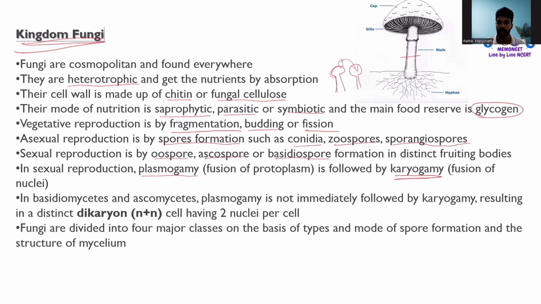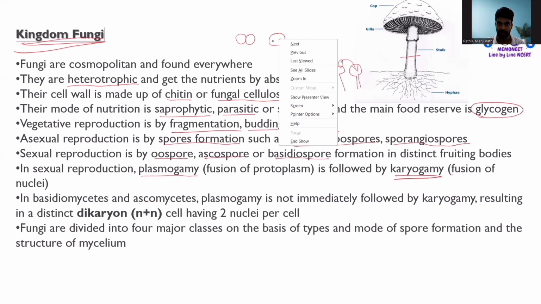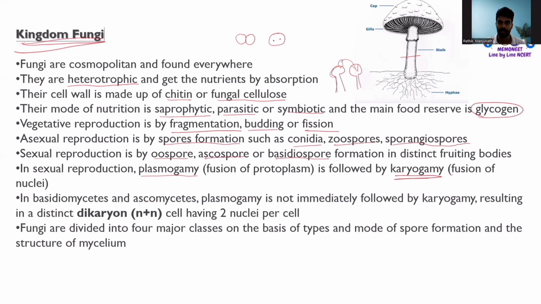As a result, even though the protoplasm got fused, the nuclei present here don't fuse. So there will be two nuclei per cell. In each cell, you will be seeing two nuclei.